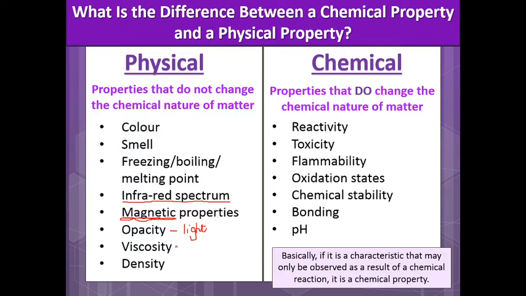Viscosity. Viscosity is a word that you should have come across at GCSE. It was linked usually to oils. Viscosity is how well a liquid or a substance flows. Something with a high viscosity is considered to be very thick and viscous and just doesn't flow particularly well at all. A typical example would be something like treacle.